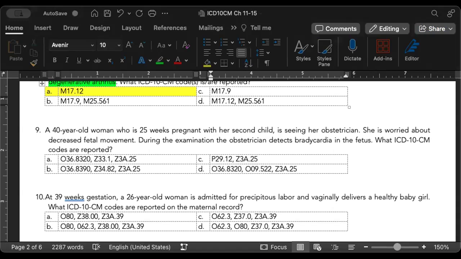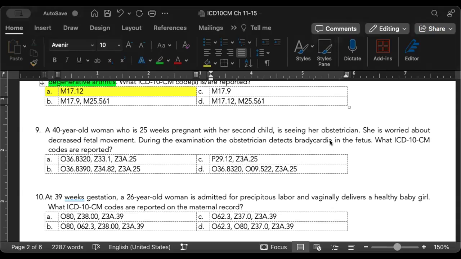So we'll go to main term pregnancy. Underneath pregnancy, the patient is having a complication, right? Because there's that decreased fetal movement, and that complication is the bradycardia.